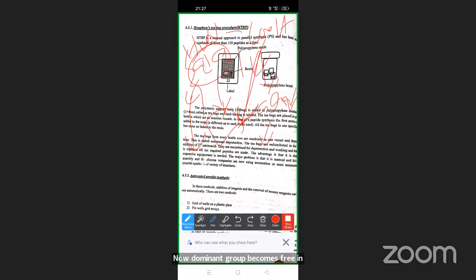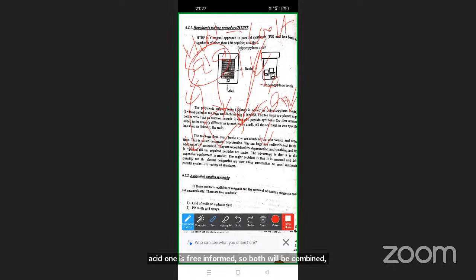When you add amino acid 2, it also has one end protected. You protect one terminal and leave one terminal for reacting, right? Now the acid group of amino acid 2 is free, and the amino group of amino acid 1 is free. So both will combine and form a peptide bond.